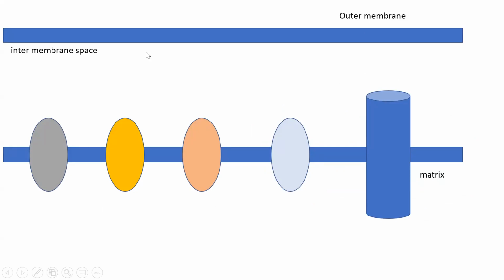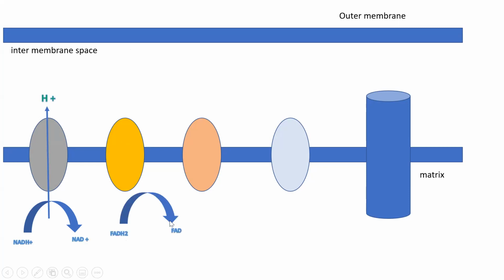Here's your outer membrane. We're in the intermembrane space of the mitochondria. Down below is the Krebs cycle, where we just finished producing those energy carriers. At complex 1, we have NADH come in, and it's going to pump a hydrogen into the intermembrane space.